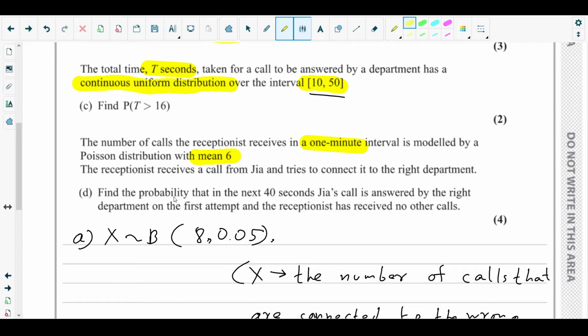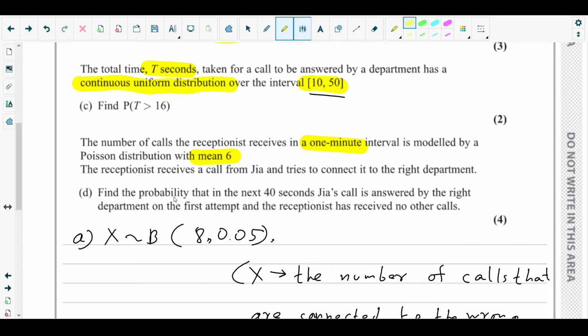So they said the number of calls the receptionist receives in a minute. Now this is a different interval, 1 minute interval. Previously it was for a day, now it is for a minute. So in 1 minute, the number of calls received by the receptionist is distributed with Poisson distribution with mean lambda 6.